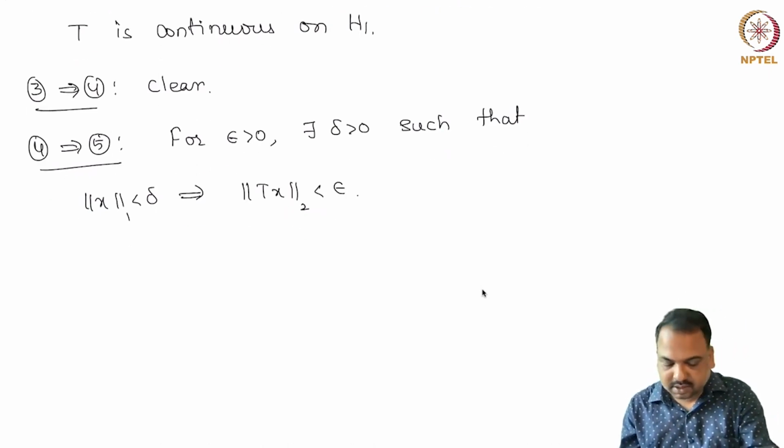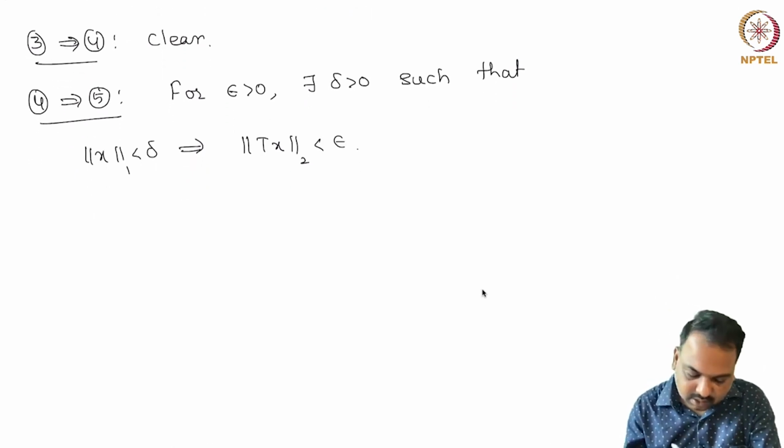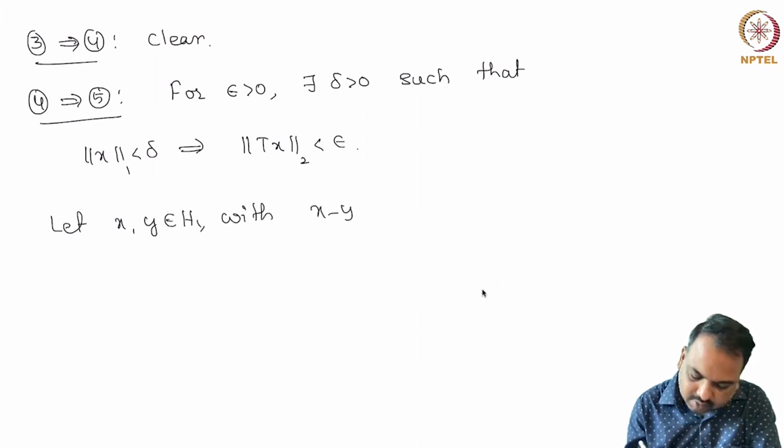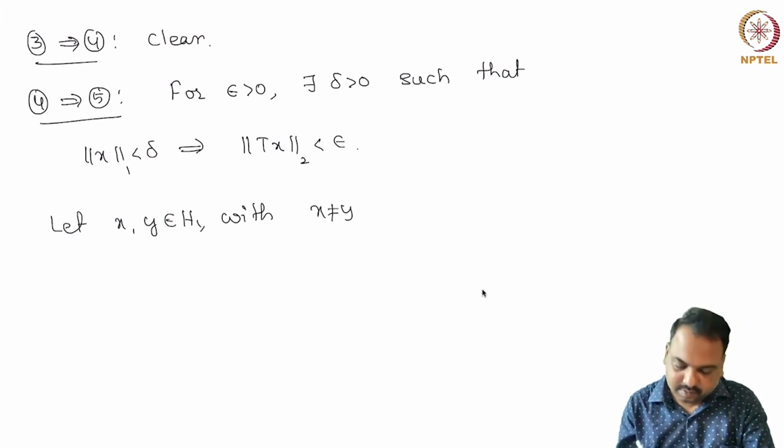So this is by the definition of continuity at 0. Let us take x and y in H1 with x minus y non-zero, or we can say that x is not equal to y.